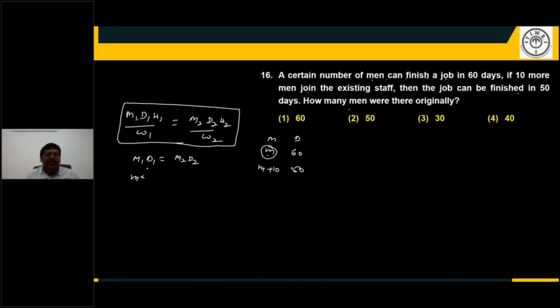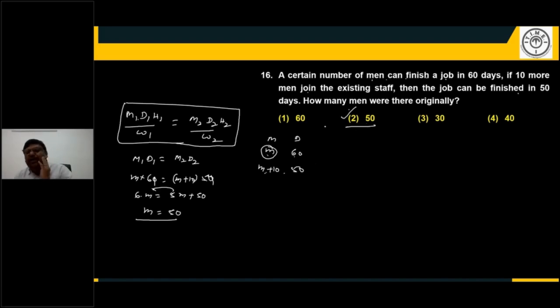M into 60 equals M plus 10 into 50. You can say 6M is equal to 5M plus 50. If it goes the other side, 6M minus 5M, 1M equals 50. So my answer is 50.